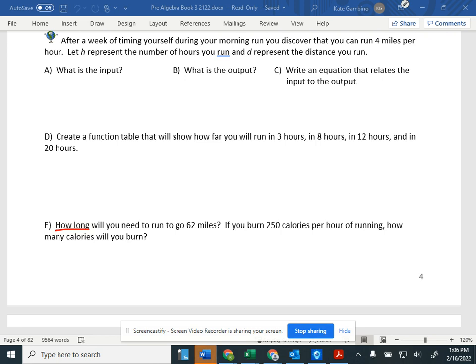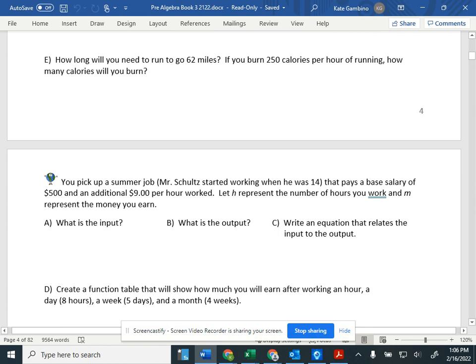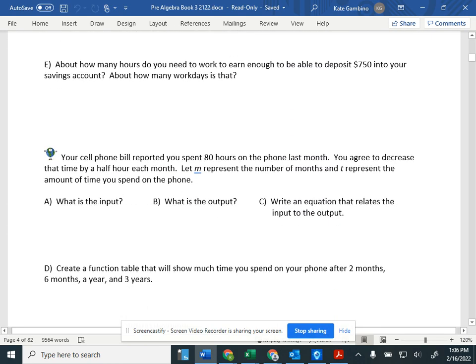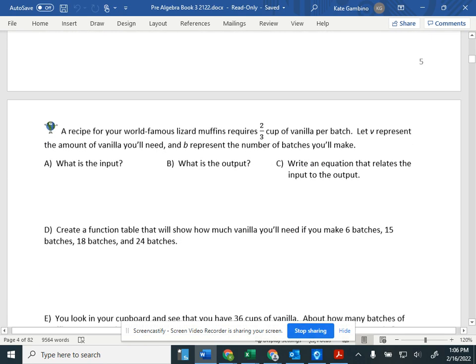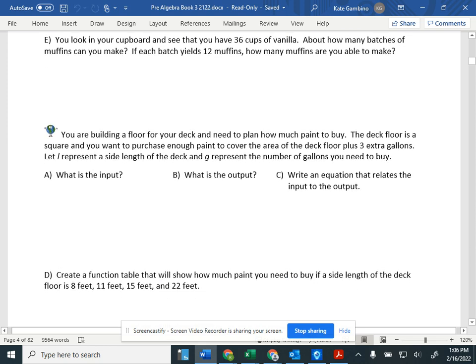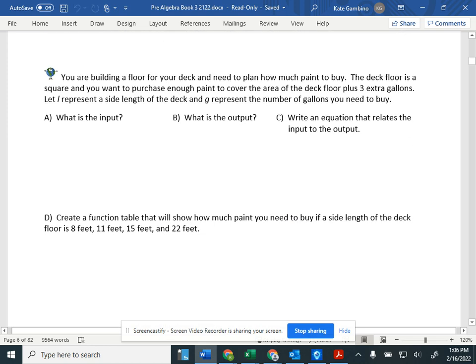There are 2 work pages that go with this objective. So we have our next page, and then the page after it. Mr. Schultz did this to that second page.